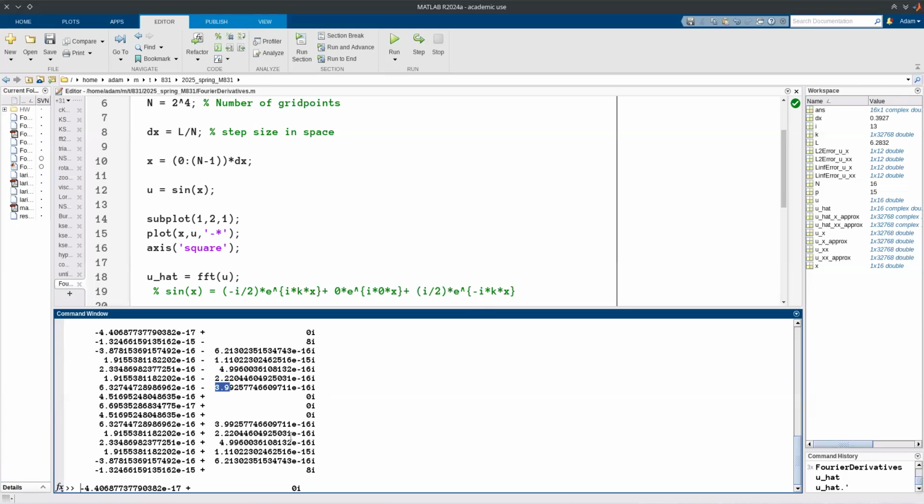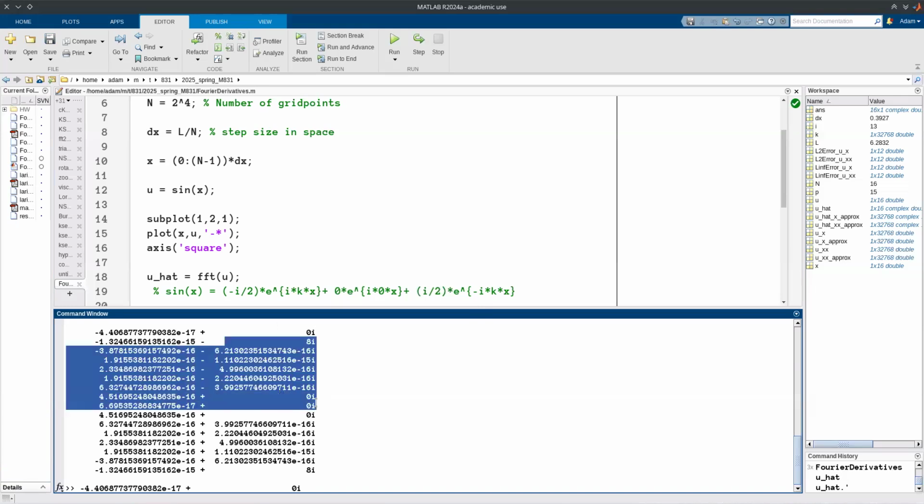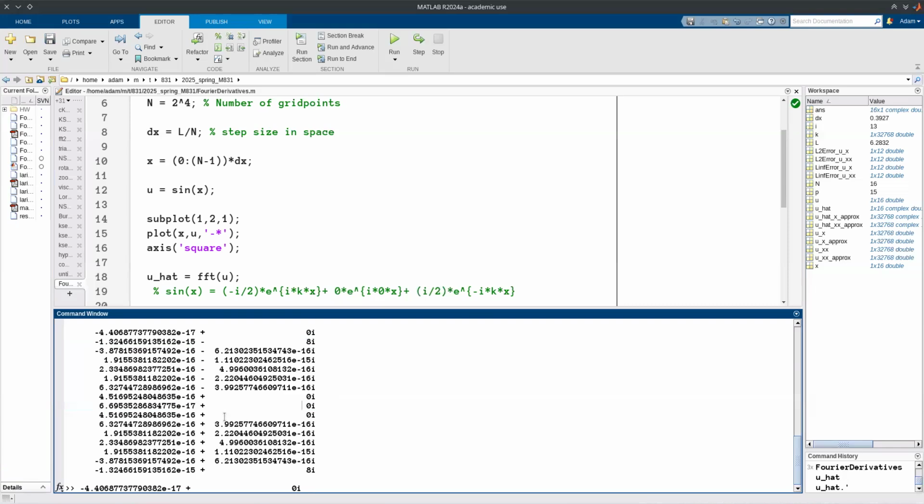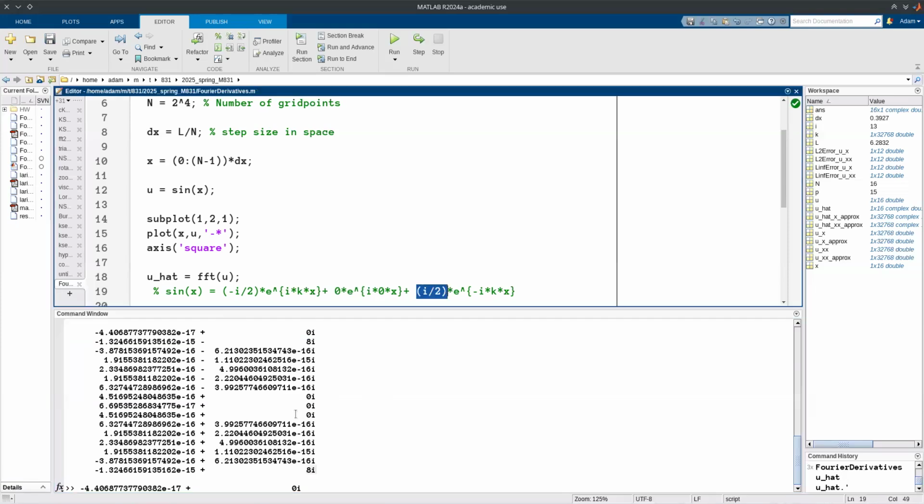This is because Matlab doesn't like to deal with negative indices, so we start with the positive indices first and then loop back to the negative indices showing up later. So the very last one you're seeing there is the negative index, the one associated with negative i times x. It's a little confusing to unpack, and if you didn't get all that, that's totally fine.